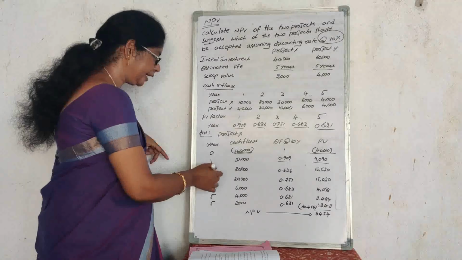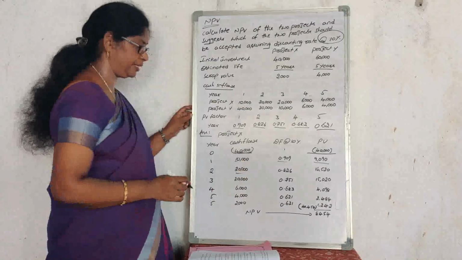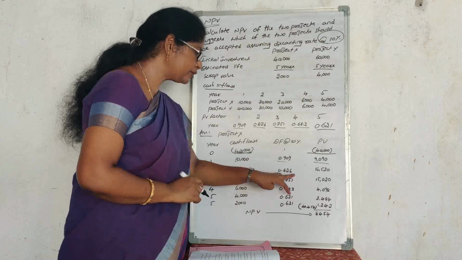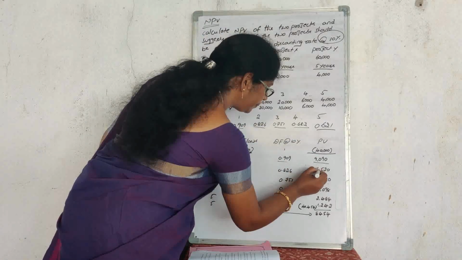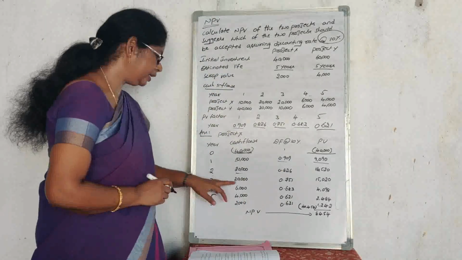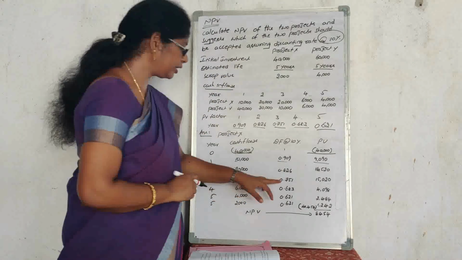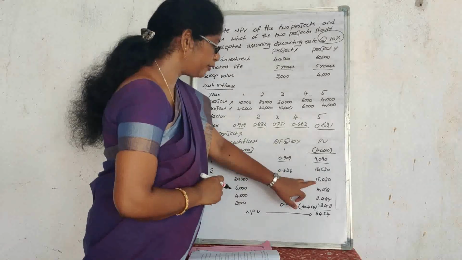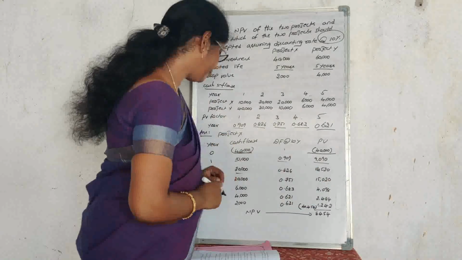And coming to the second year, how much amount are you expecting here? 20,000 rupees. With the discounting factor value 0.826, the present value will be 16,420. And the third year, 20,000 will be expected as a cash inflow, discounting factor 0.751, and the present value at the end of the third year is 15,020 rupees.